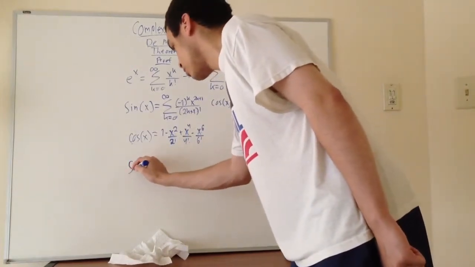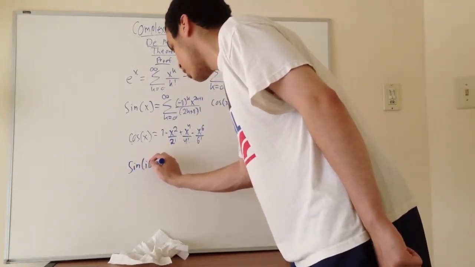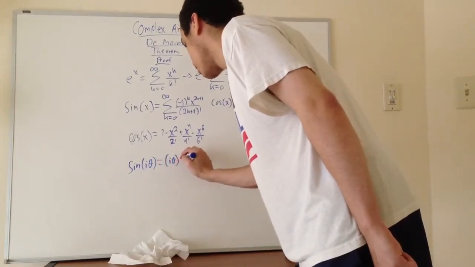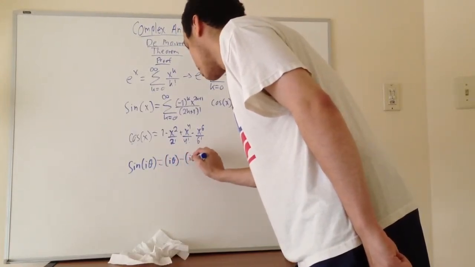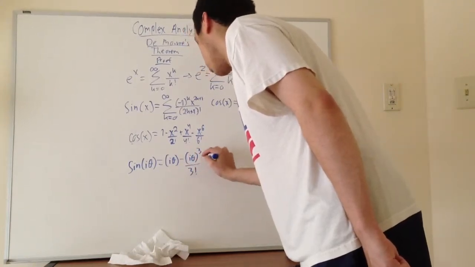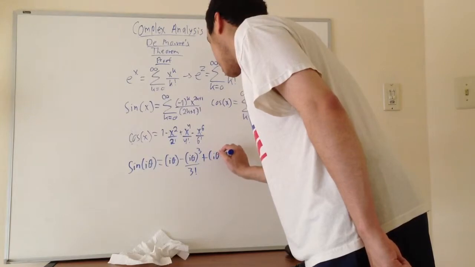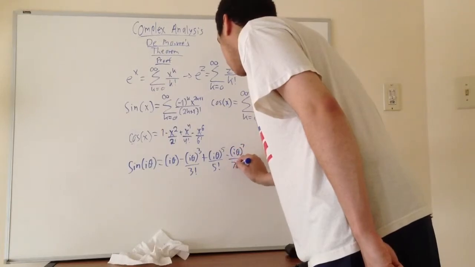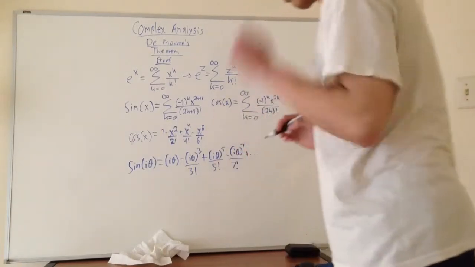If I replace the z with i theta, I'm going to have i theta minus i theta cubed over 3 factorial plus i theta to the 5th over 5 factorial minus i theta to the 7th over 7 factorial, and so on and so forth.